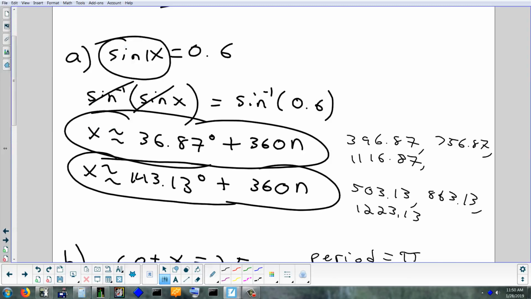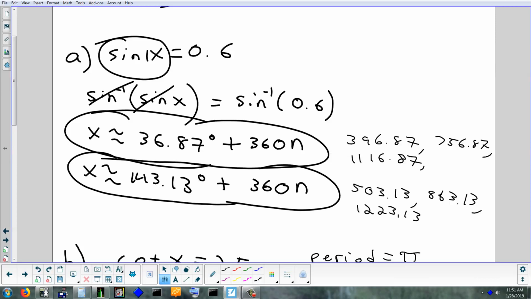Is there any overlap in the answers you get from the first formula and the second formula? Not me? What do you think? Sorry. Is there any overlap there? I don't see any. No. Will there ever be any overlap? Because I only listed the first 3. What if I went out to the first 3,000?